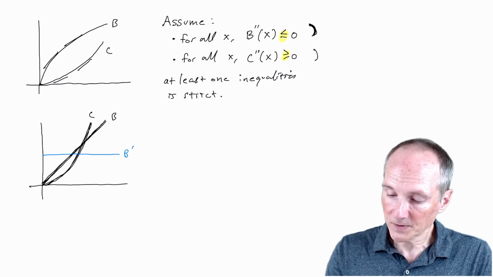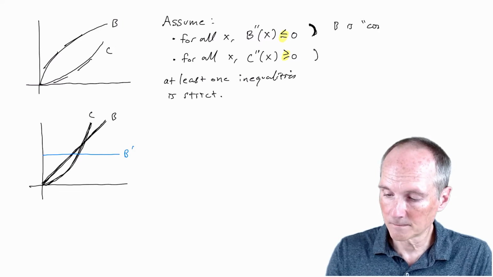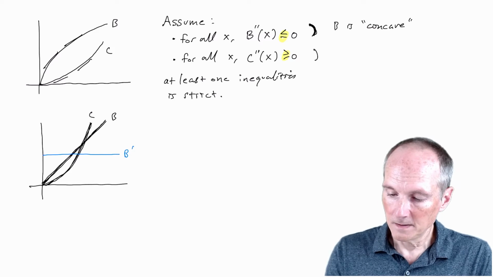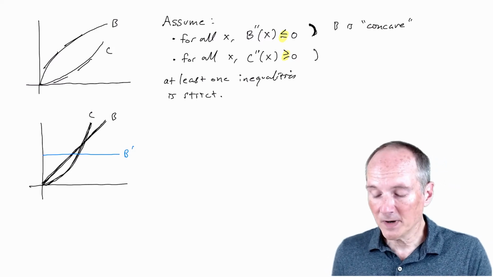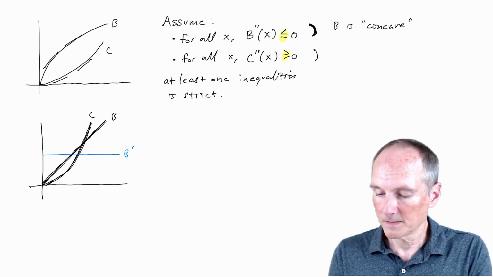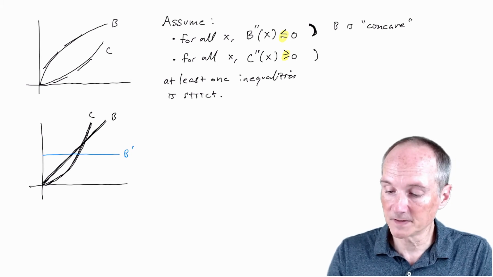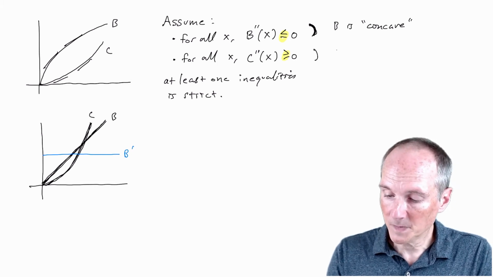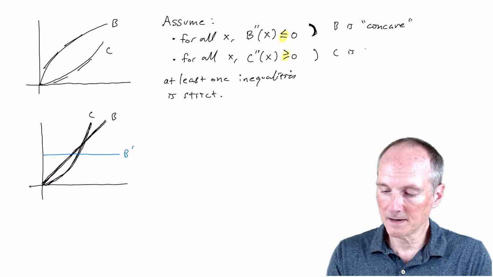So this first part here is saying that b is a concave function. There's actually a more general definition of concavity, but for differentiable functions, this is what concavity means. It means the second derivative is non-positive. The second part of this assumption is that c is a convex function.